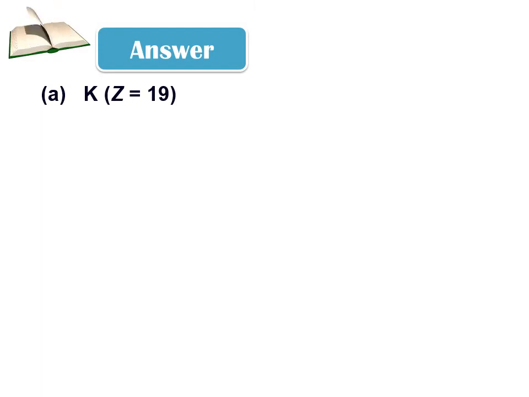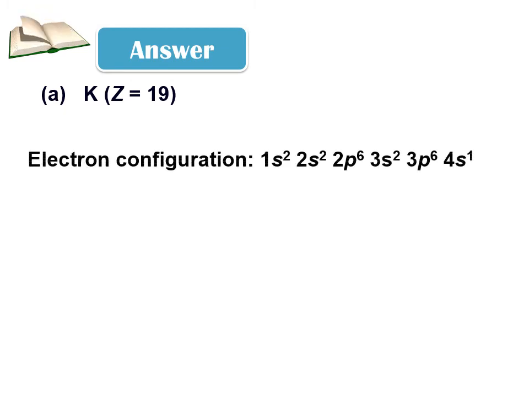First one, potassium has 19 electrons. First thing you need to do is write the electronic configuration for potassium, which is 1s2, 2s2, 2p6, 3s2, 3p6, and 4s1. Let's determine the period.